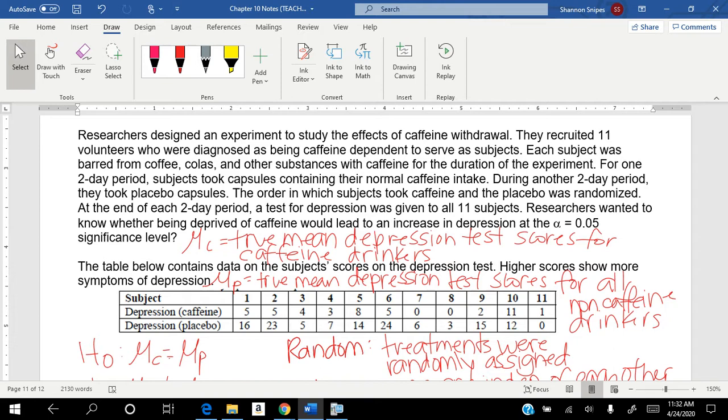Don't say things like the true mean depression test scores for those who drank caffeine, because then that implies that you're discussing the sample and not the population. And parameters have to describe a number for the entire population of caffeine drinkers.